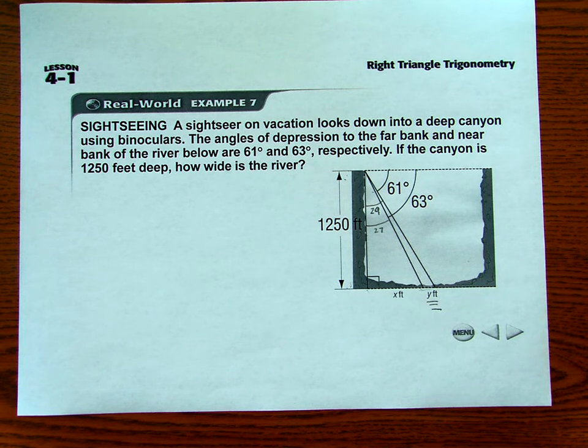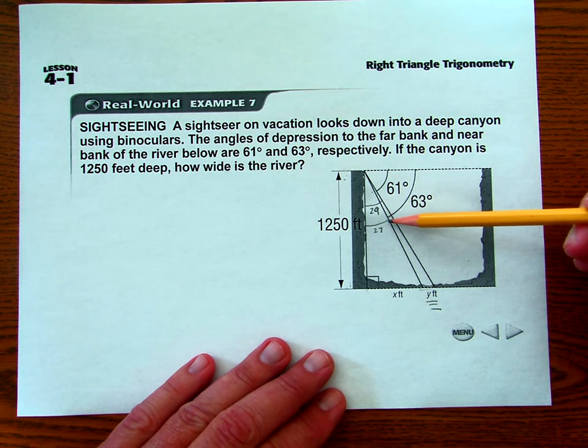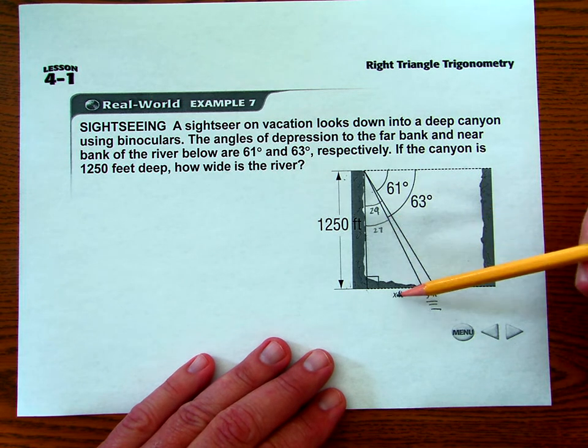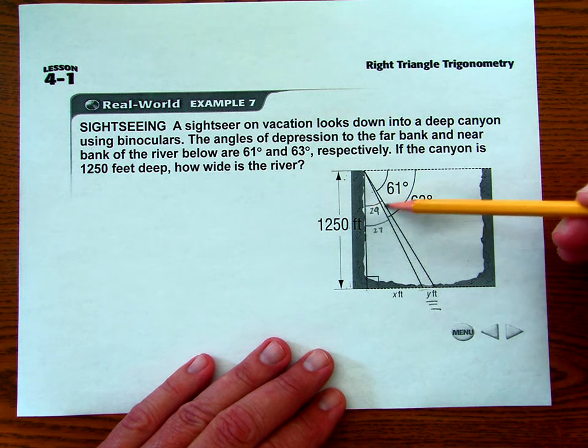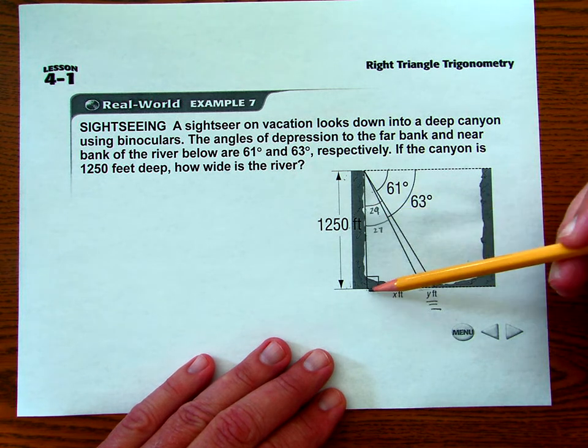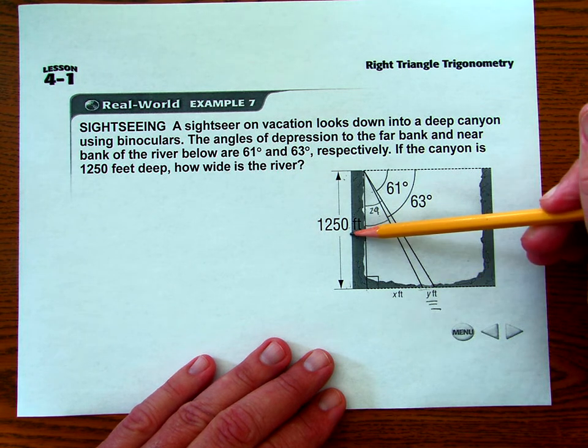All right, so what do we know? We'll do the smaller triangle first. In relation to this 27 degrees, that's opposite, that's adjacent, so we get a tangent equation again, similar to the last problem. And in relation to that 29, the opposite would be x plus y over the 1250. So those are going to be our two equations.